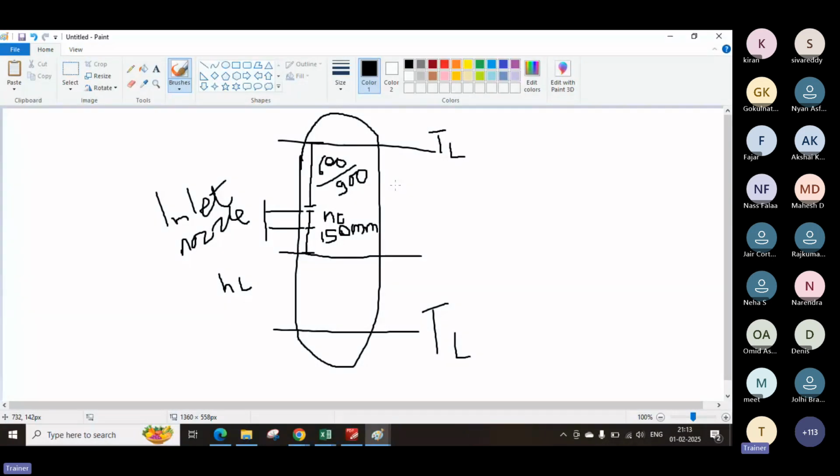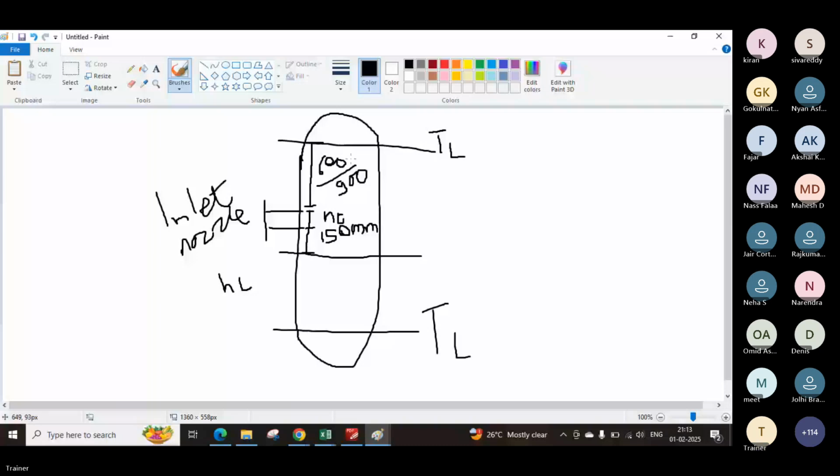Suppose no device is present in your system. It's just a simple cylinder with the inlet nozzle. Then you require a minimum of 600 or 900 mm based on the guidelines. Some companies use 600, but generally it is 900.